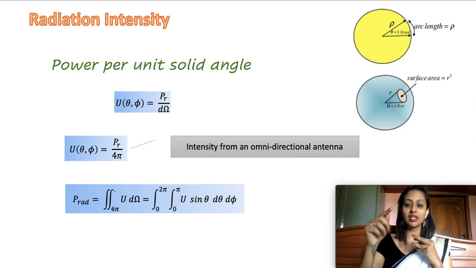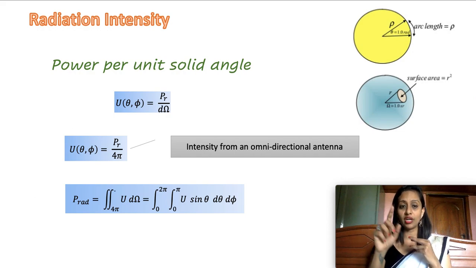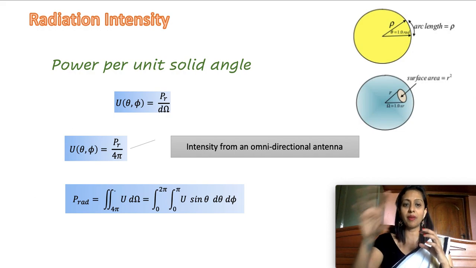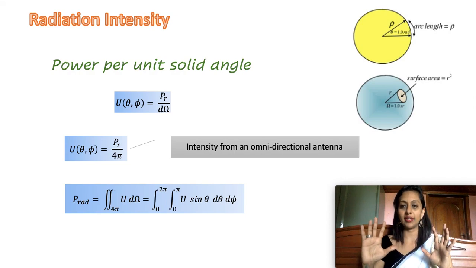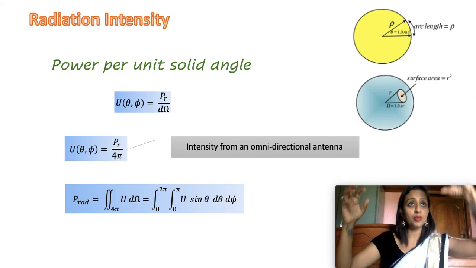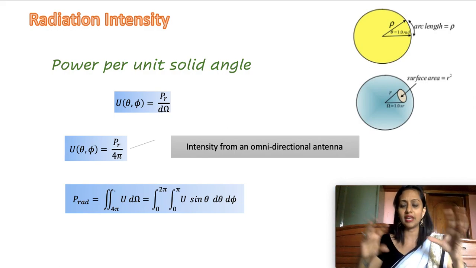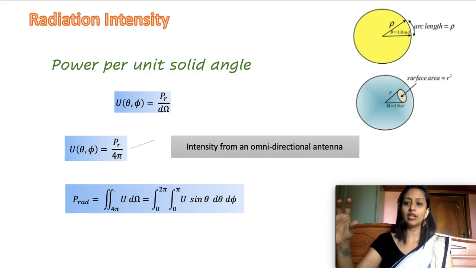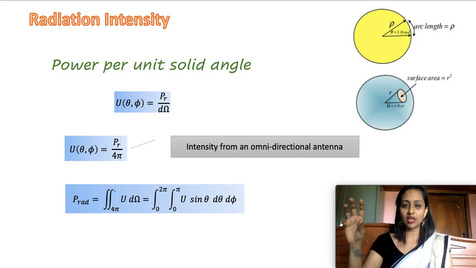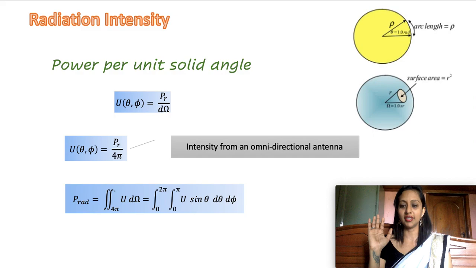But for radiation intensity, I'm not bothered about the distance. All it speaks about is the power at that unit solid angle. If I cut open cones on a watermelon at every given position, all I need to do is know the power at that solid angle, and I will get the radiation intensity.